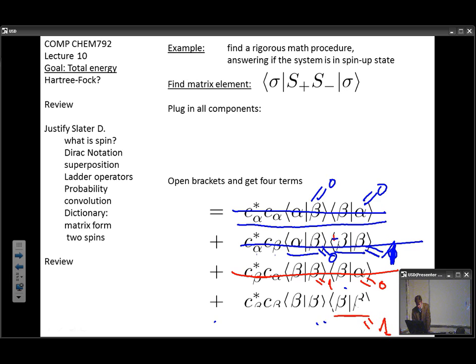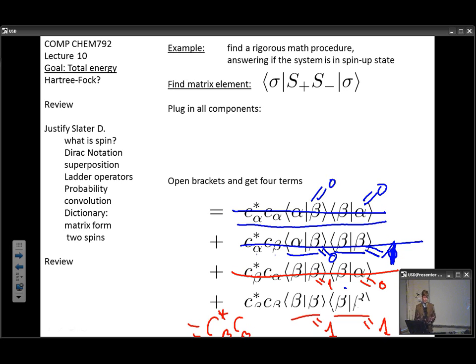And here we have beta, beta gives 1, beta, beta gives 1. And up front we have a coefficient C star beta, C beta. So the answer is C beta star beta. So it is the answer that we wanted to get.